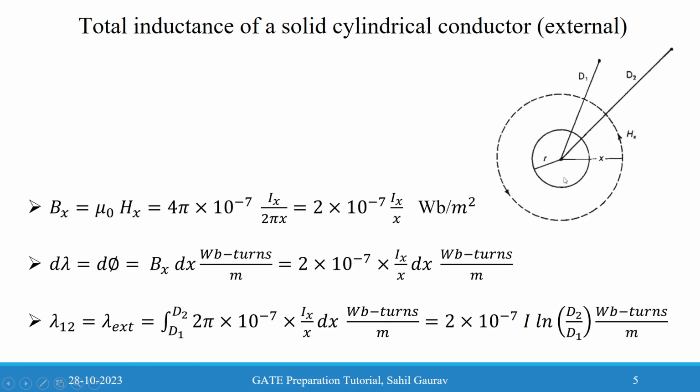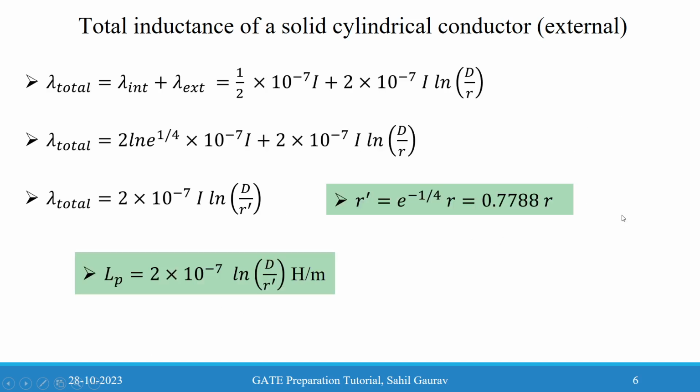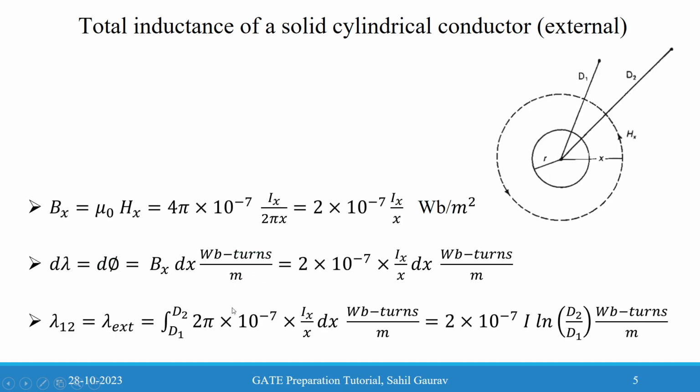Yes, you can take directly also, because we are finding the external flux linkage, so we have to take the point outside the conductor. We can take from the radius of the conductor also. Yeah, that's correct.